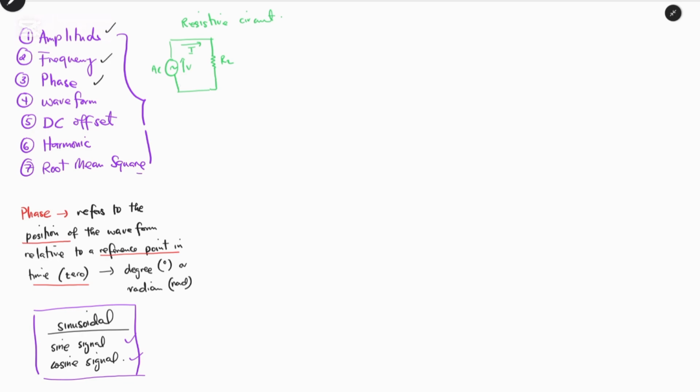And we all know that V(t) is equal to the amplitude times sine(2πft + θ). And also we have I(t), which is equal to I peak times sine(2πft + θ).